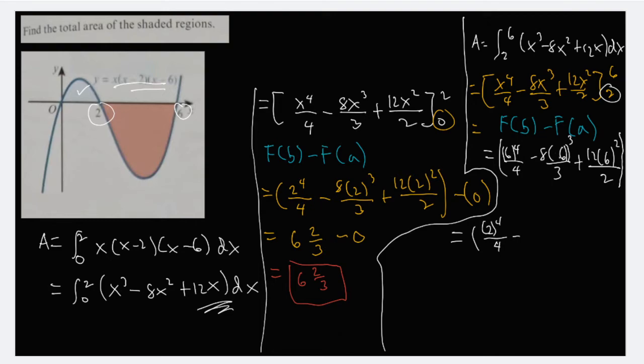Sometimes it's okay not to put parentheses if positive, however if it's negative, you must put the parentheses. So that will be 2 raised to 4 over 4 minus 8 times 2 raised to 3 all over 3 plus 12 times 2 squared all over 2.